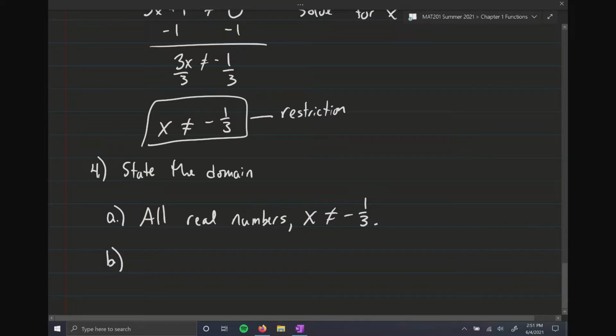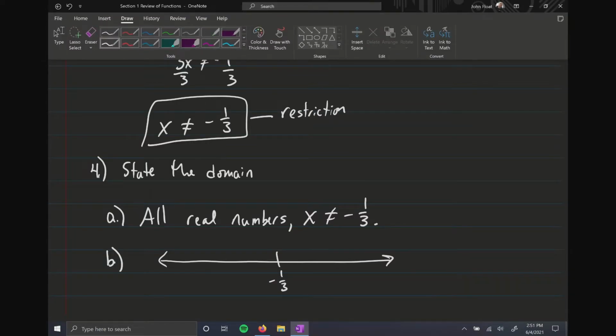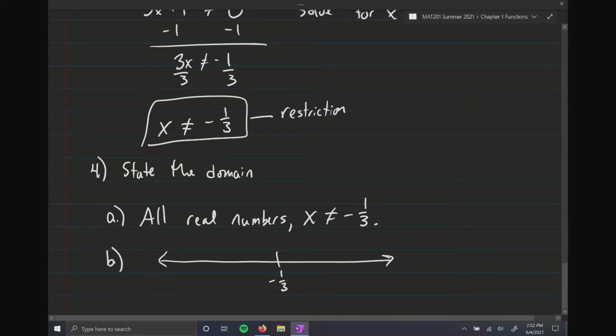Now, I'm going to show you what this looks like using a number line. All right? Right in the middle of this number line, I'm just going to write negative 1/3. And here's the key. We know we cannot have negative 1/3 in our domain. So I'm going to put a big circle right there. I also know that I can use any number before negative 1/3, so I can go ahead and shade this side.